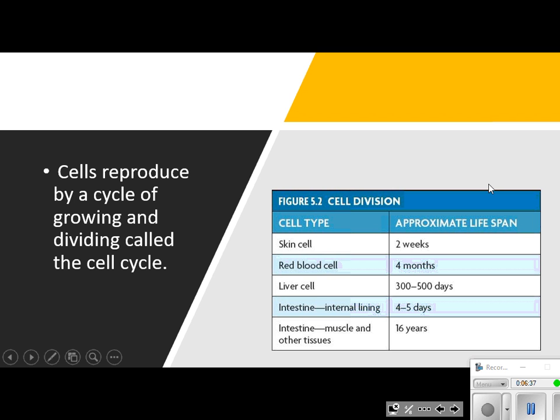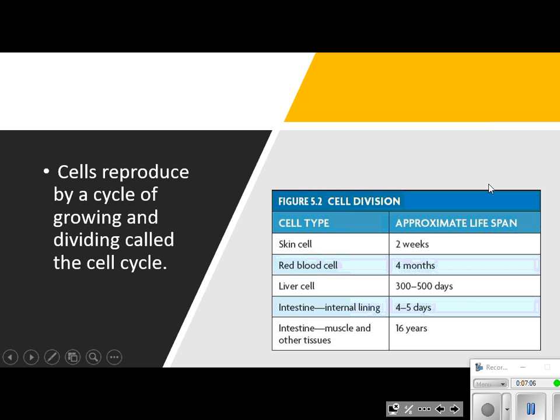A skin cell has a lifespan of approximately 2 weeks. A red blood cell is approximately 4 months. A liver cell can be anywhere from 300 to 500 days. So that's somewhere in the range of a year, right? How many days in a year? 365. So 365 falls in there.